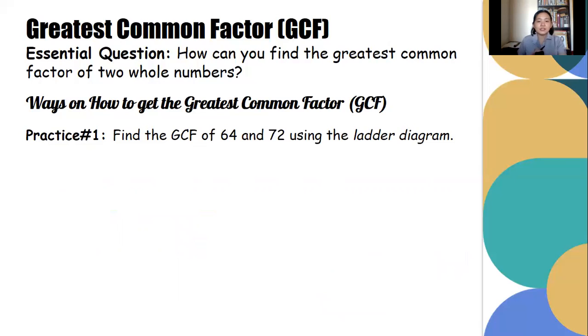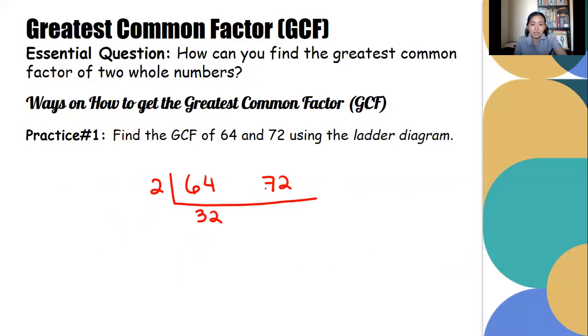Another practice is 64 and 72 for our given numbers. Using the ladder diagram, since they are both even numbers, we can use 2 again. 64 divided by 2 will give me 32. 72 divided by 2 will give me 36.